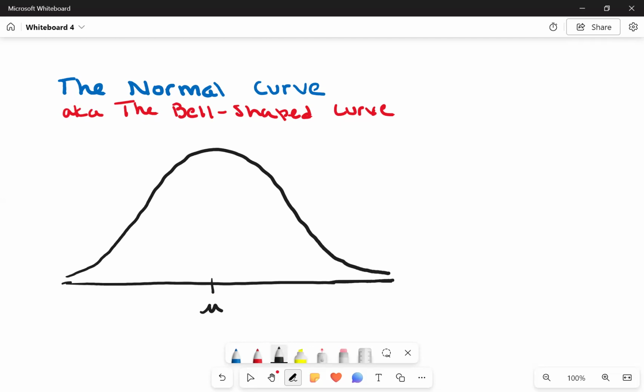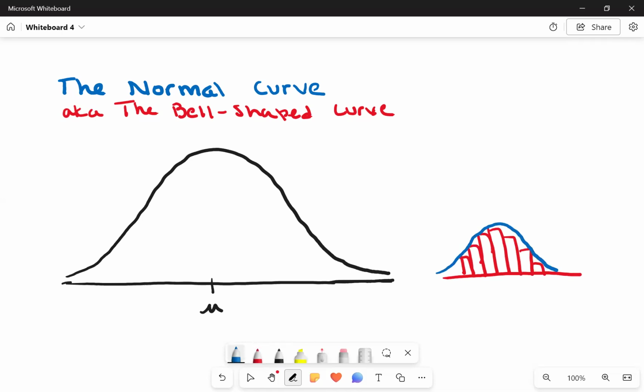The bell-shaped curve comes from the idea that if we were to draw a smooth curve on a histogram, this is what it would look like. So I'm going to draw over here, let's say this is our histogram. You can tell that it somewhat has a bell shape to it.